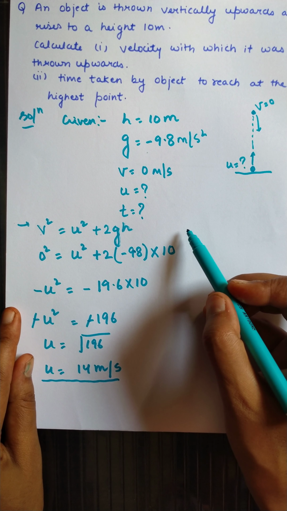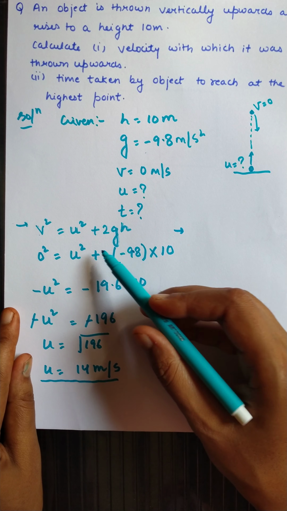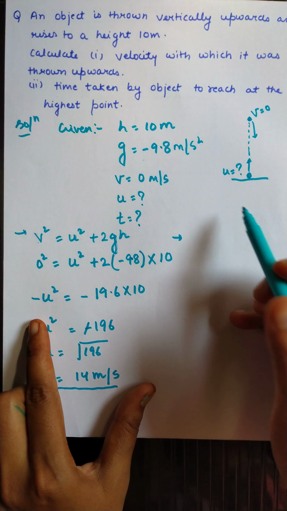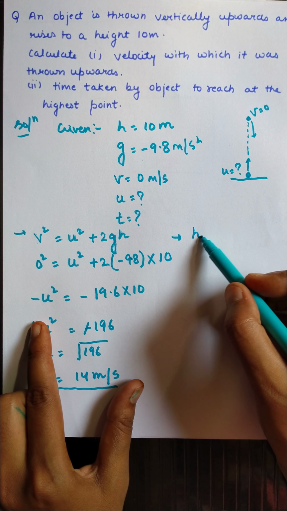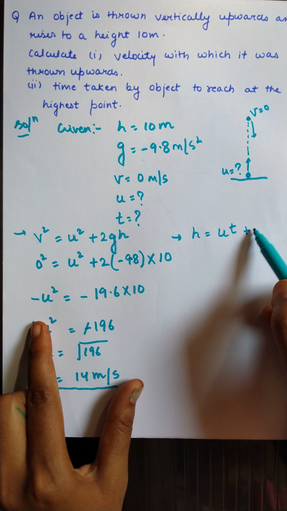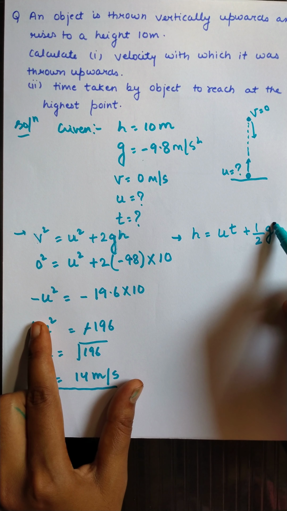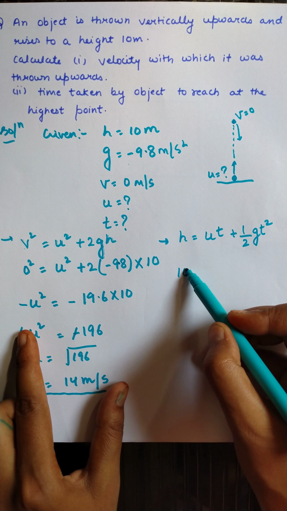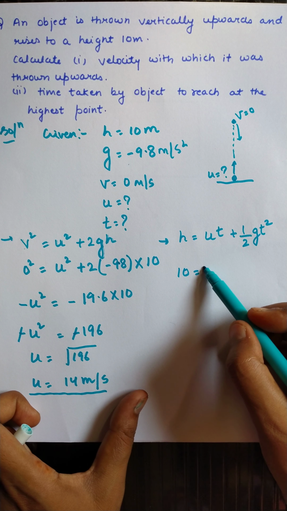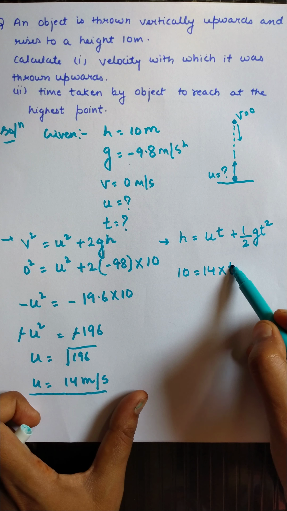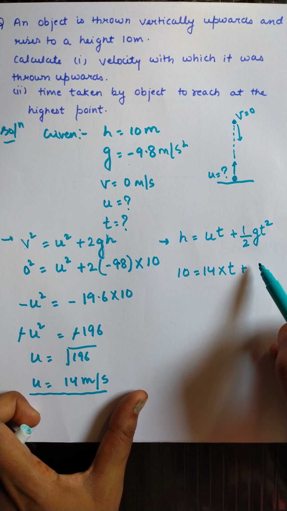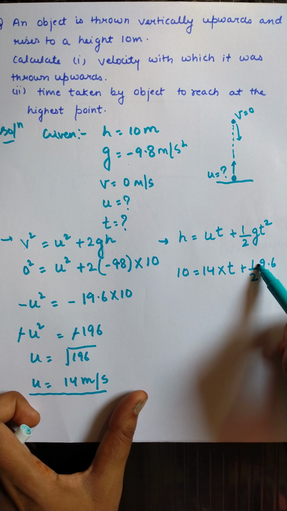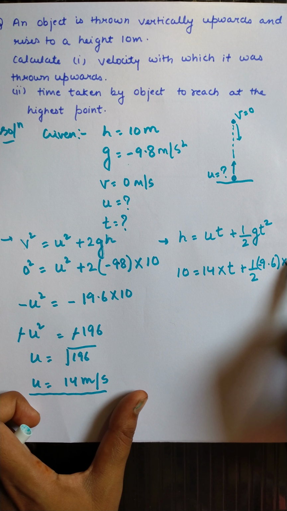Now let's take the second part. You can use the first equation of motion or the second equation, no problem. So we will use h equals ut plus half gt square. Since the object is moving upward, h will be 10 equals u, 14, into the time we have to calculate, plus half g, which is minus 9.8, into t square.